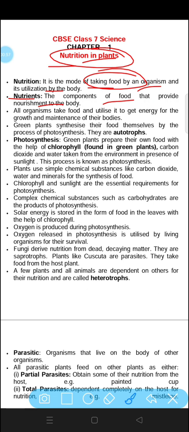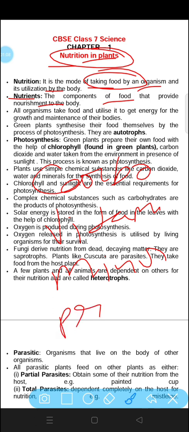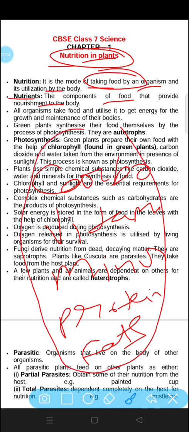So different nutrients are carbohydrates, vitamins, minerals, proteins, fats, etc. These all are different types of nutrients that we should include in our food.